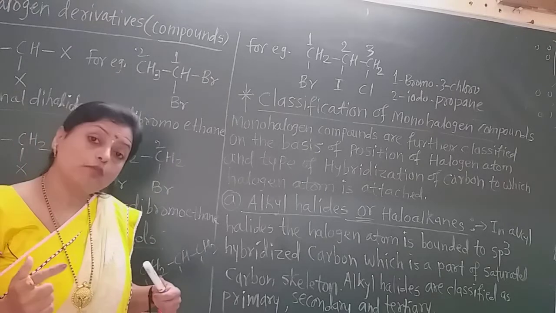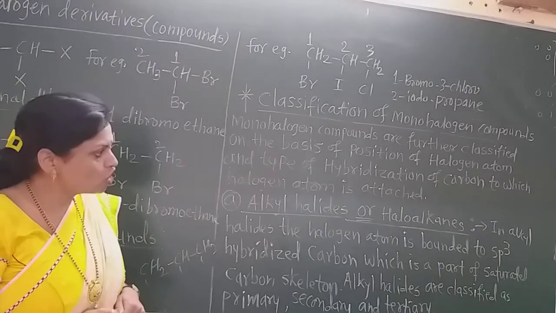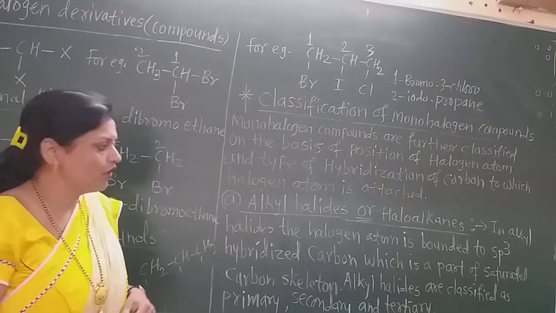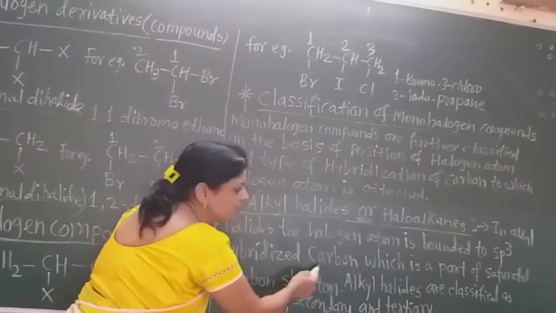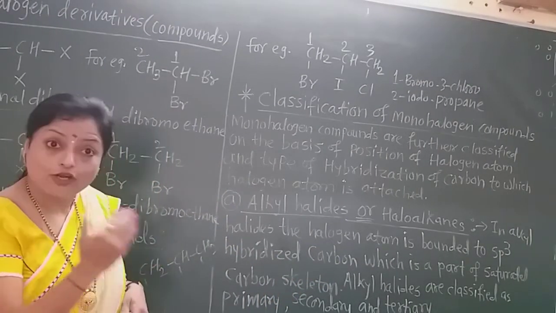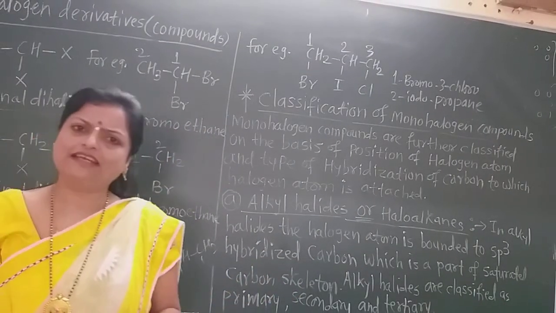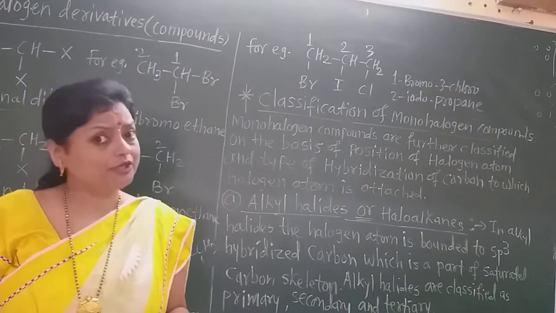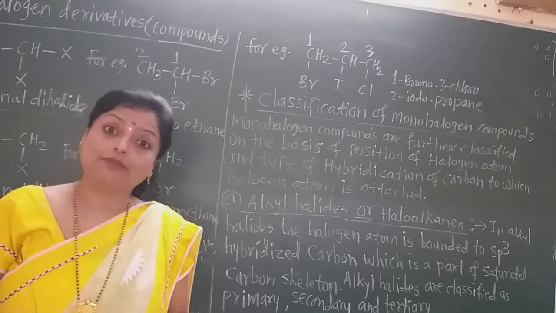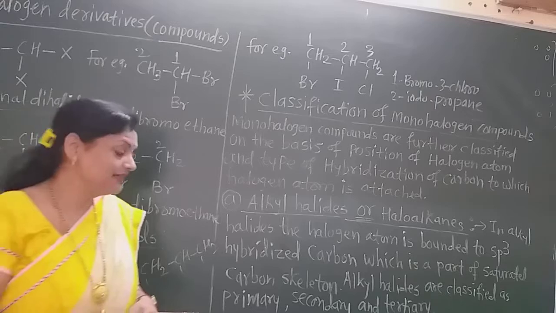That means all the bonds are single bonds, saturated carbon. So in alkyl halides the halogen atom is bonded to an sp3 hybridized carbon which is part of a saturated carbon skeleton. What is meant by saturated carbon skeleton? That means it contains carbon atoms which are bonded to each other by only single bonds. That is the saturated carbon skeleton.